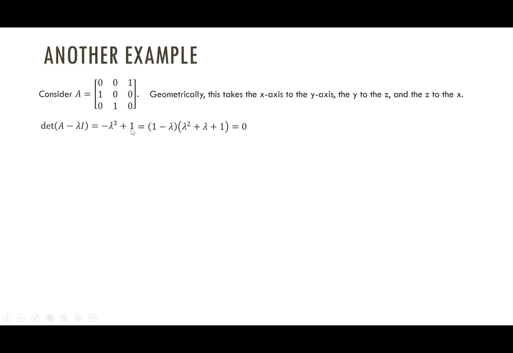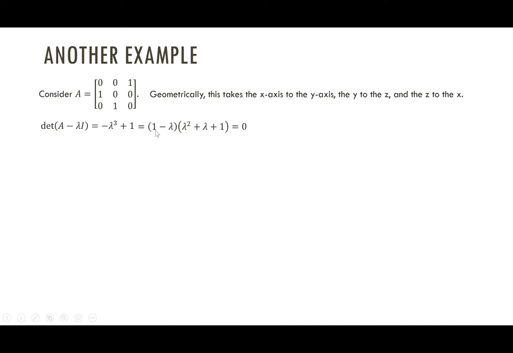You might not have seen it right away, but I'll pull out the factor of 1 minus lambda. And so this is our characteristic equation. And again, before, you would use the quadratic formula on this and say, oh, I don't get real numbers, the discriminant is negative, so I guess I'm stuck. Not this time. Let's plow ahead.